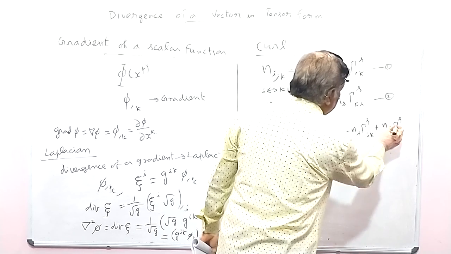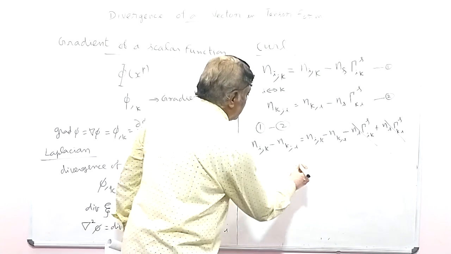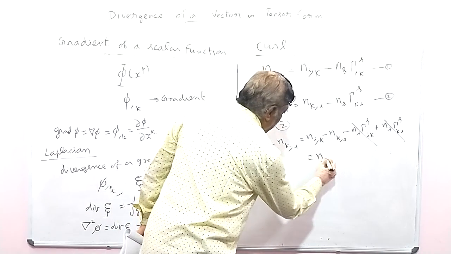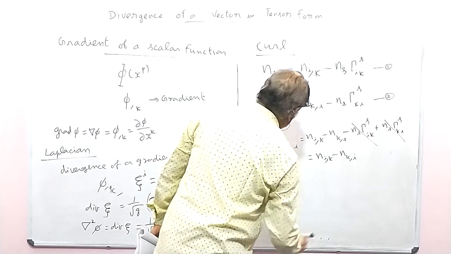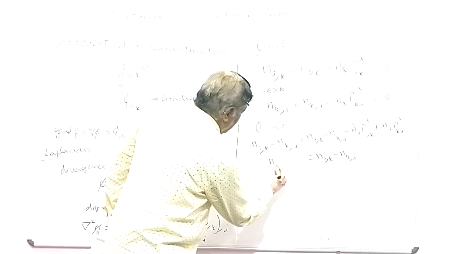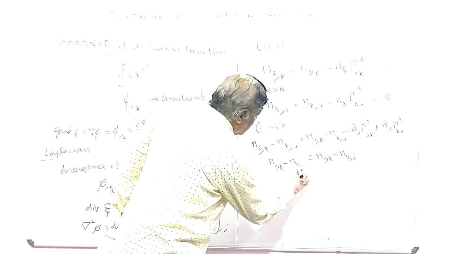Therefore this and this are equal, so they can be removed. So the term becomes n i comma k minus n k comma i, that is n i semicolon k minus n k semicolon i.